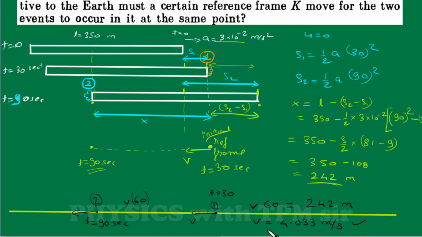I have used a calculator just to see, but obviously you don't have that option, so you can neglect this 2, and you will easily get the answer. If I say this is 240, it will be 4 meter per second.